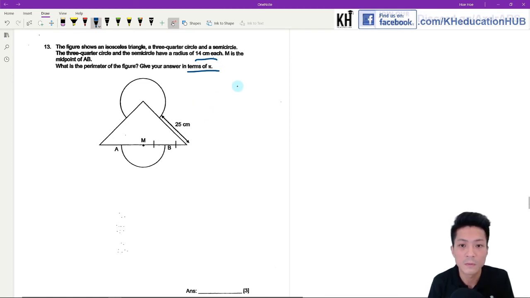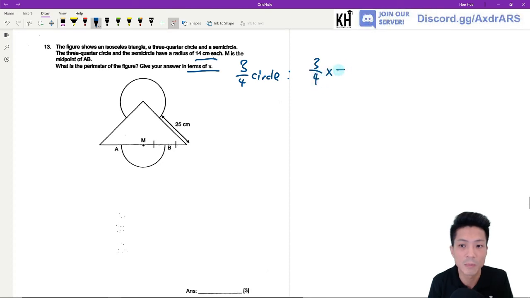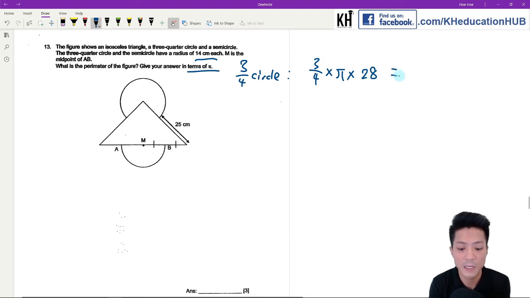Okay, so first I'm going to find the 3/4 circle. Okay, I'm trying to find the perimeter, right? So 3/4 times pi times d, which is 28. Okay, I'm going to simplify this.